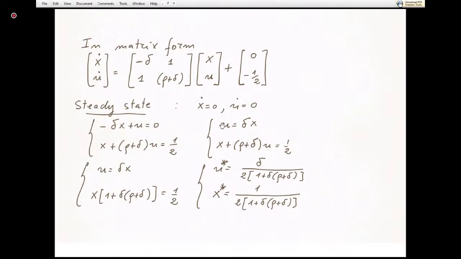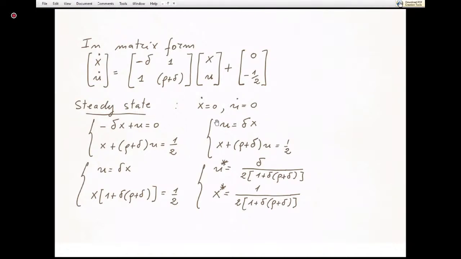So we obtain u is equal to delta x. So look here, the steady state value of the control variable is just to keep the state variable at a constant level, just enough to replace the depreciation of the state variable.